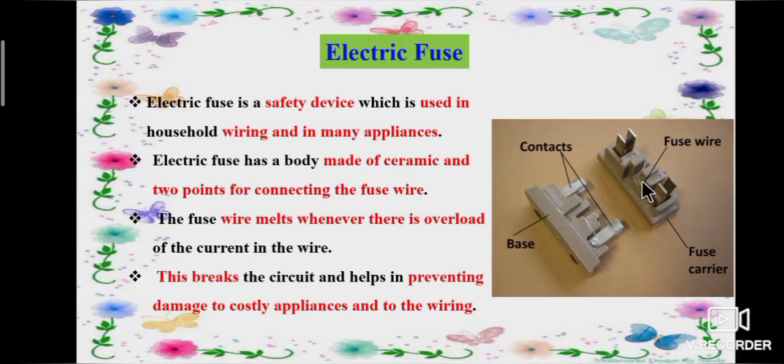See, this is the fuse wire connecting the two points. The fuse wire melts whenever there is an overload of current in the wire. This breaks the circuit and helps prevent damage to costly appliances and to the wiring.